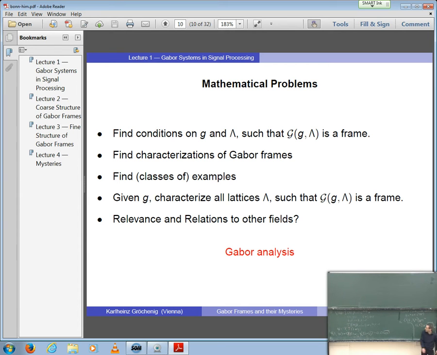Okay, so these are the orthogonality relations. The fact is that the short time Fourier transform of two L2 functions is again L2, and the inner product is related to the inner product of the components.